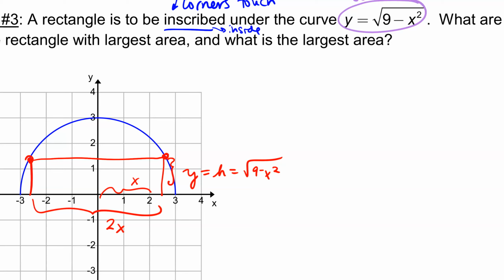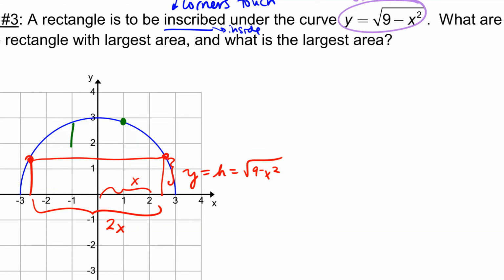Why did you decide to draw the height at 2.5? I see what you're asking. That was the next thing I was going to talk about: what if my rectangle wasn't there? What if I drew my rectangle right here? Still, whatever x value I'm at, let's say 1, I need to make this actually be a rectangle.